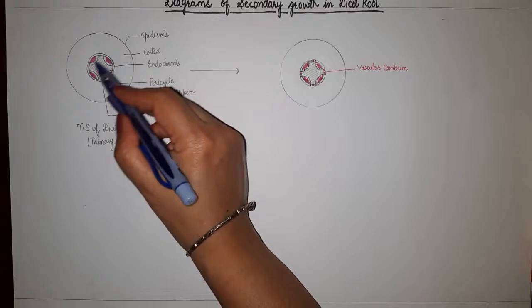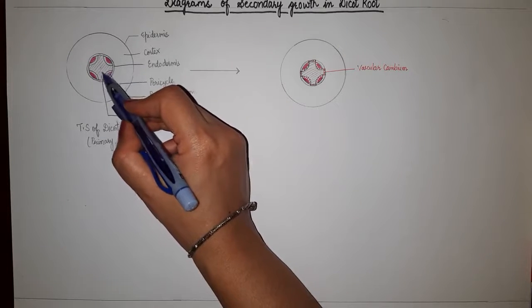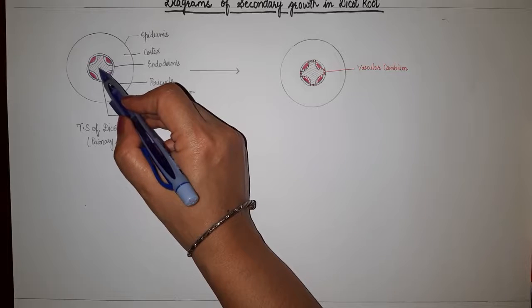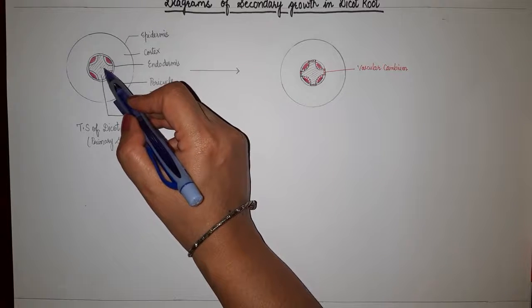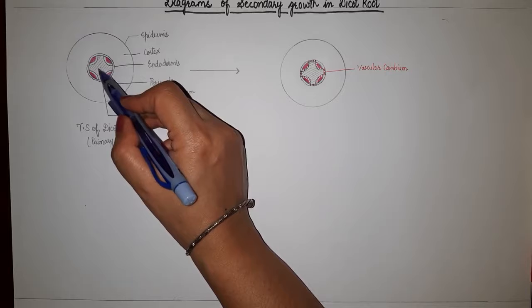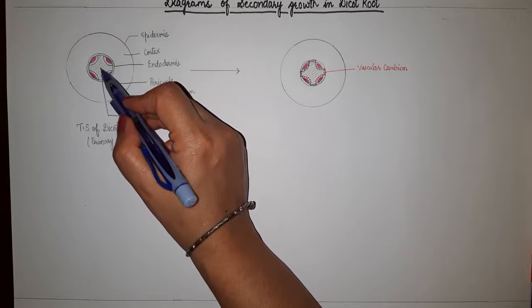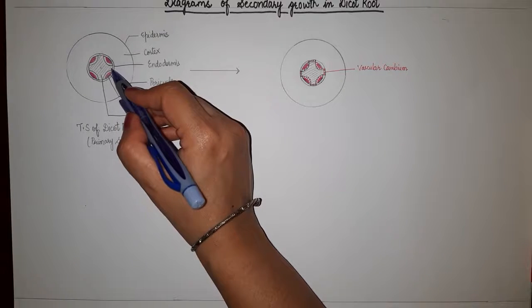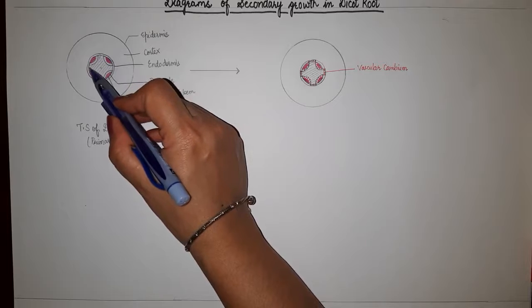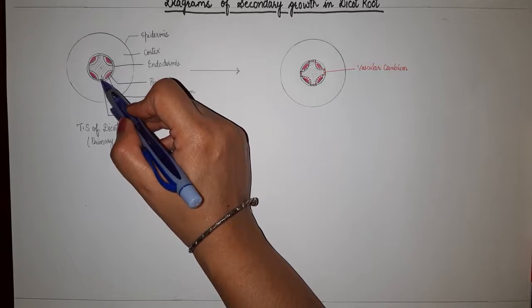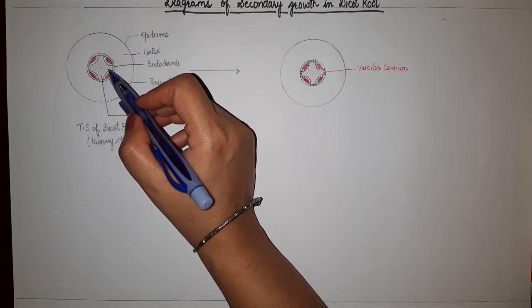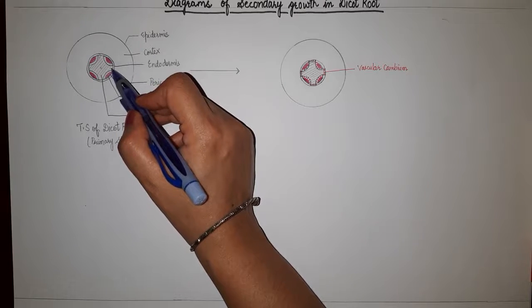Whenever we talk about the primary structure, towards the center the xylem elements are larger. They have broad vessels and tracheids, and that is called metaxylem, whereas the elements towards these corners, towards the outer side, are slightly smaller in size and are earlier formed elements, which are called protoxylem.